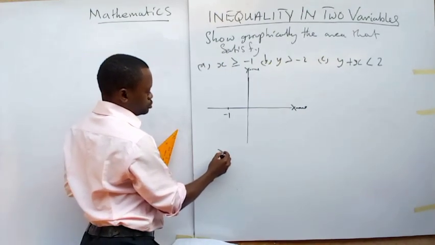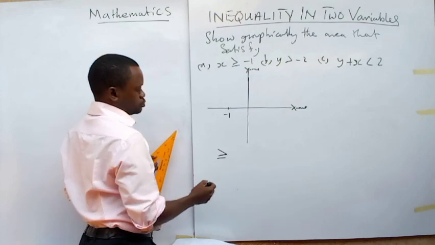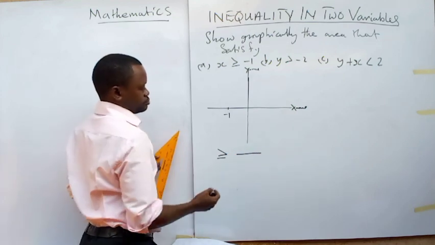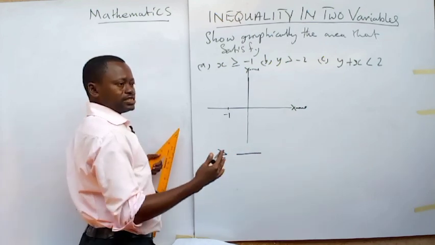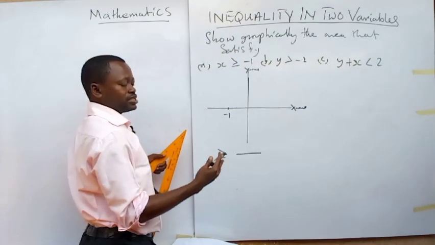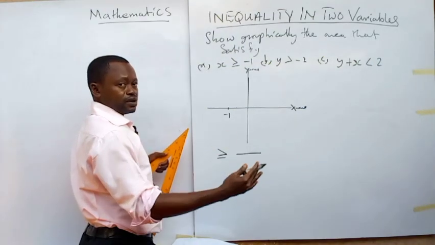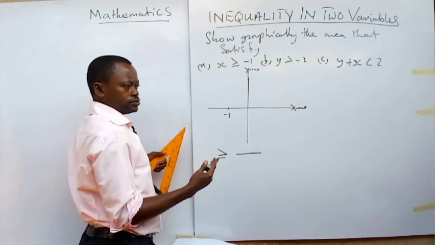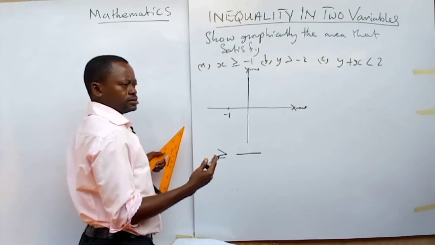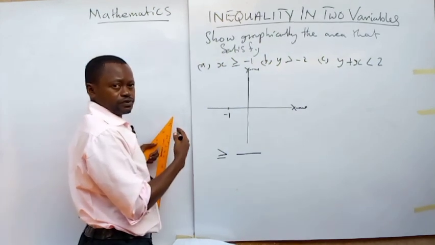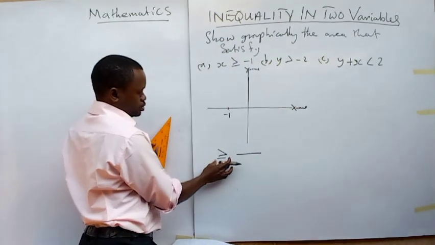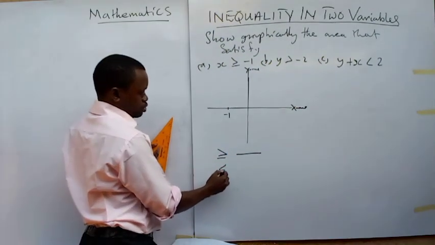For this symbol, greater than or equal to, we use a thick line to show the boundary line that separates the area that satisfies the inequality and the area that does not satisfy the inequality. We use a thick line for greater than or equal to or less than or equal to.